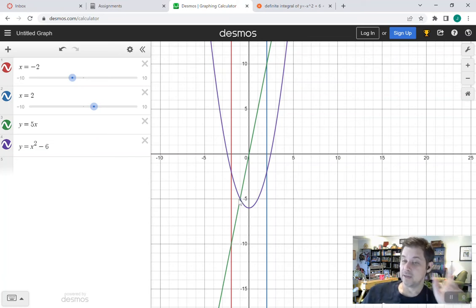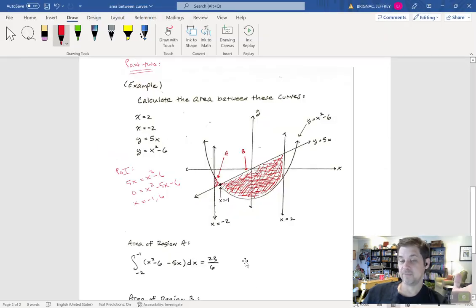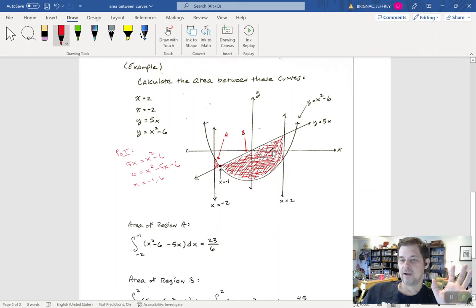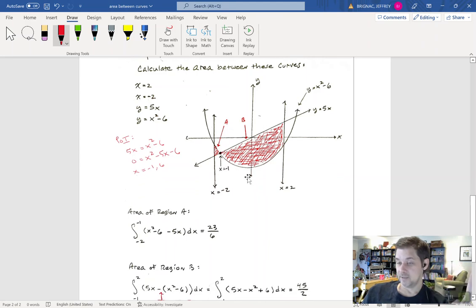Then that is at -1, which we can also see on the graph. So I get that same information. Okay, now I've divided the area between those two curves into region A and region B. I will measure the areas of those regions separately because on one, the parabola is above the line, and in the other, the line is above the parabola.